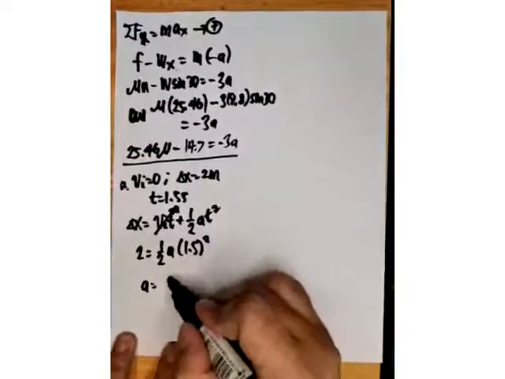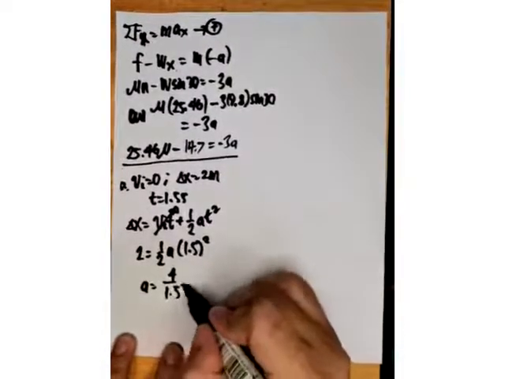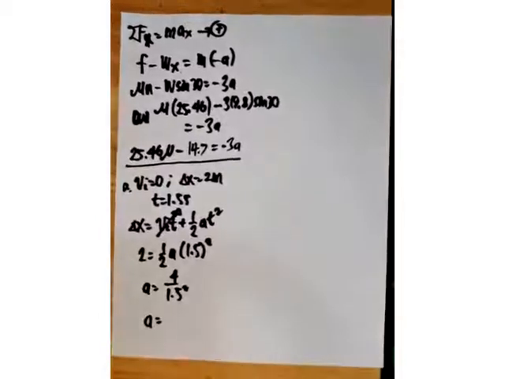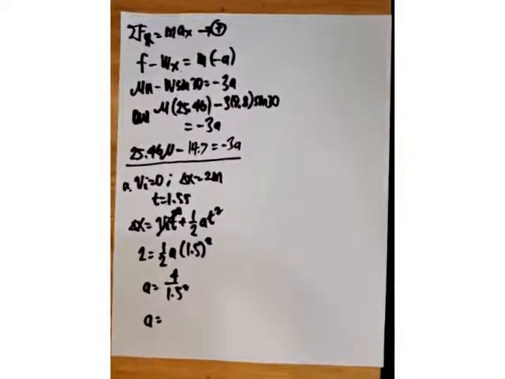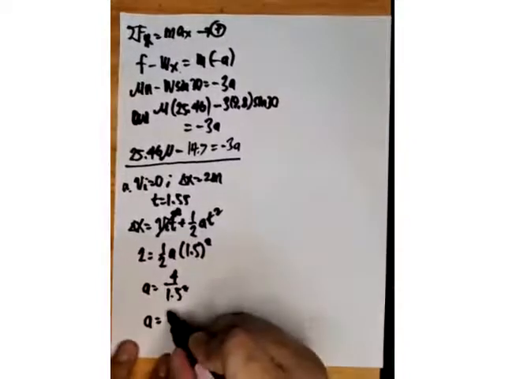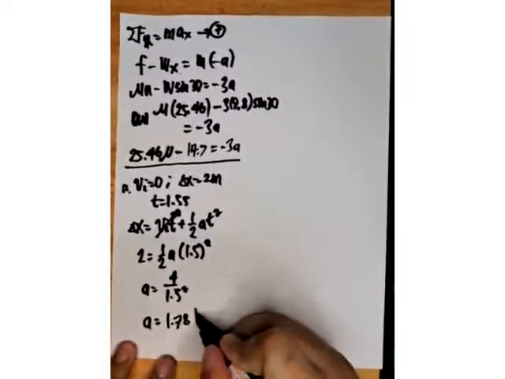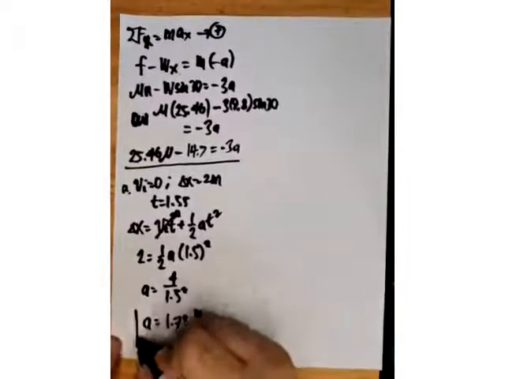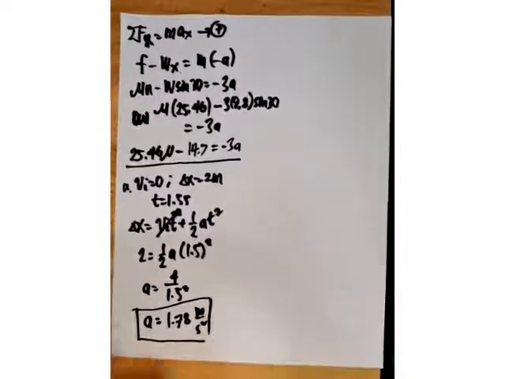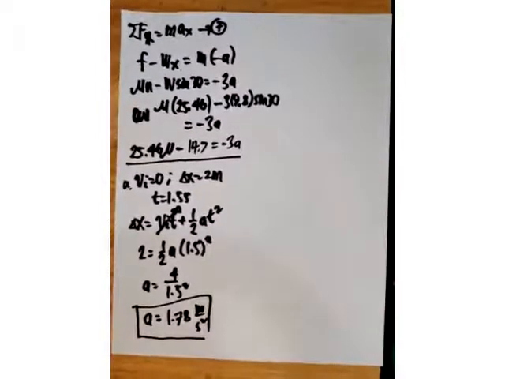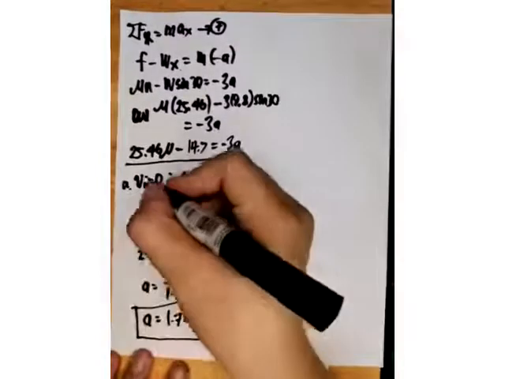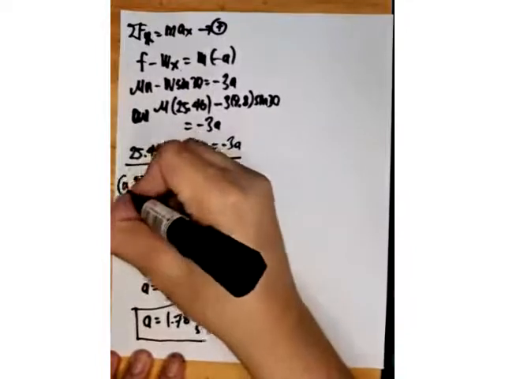So acceleration is 4 over 1.5 squared. So the acceleration is 1.78 meters per second squared. So that's for letter A. So letter A, we got it.